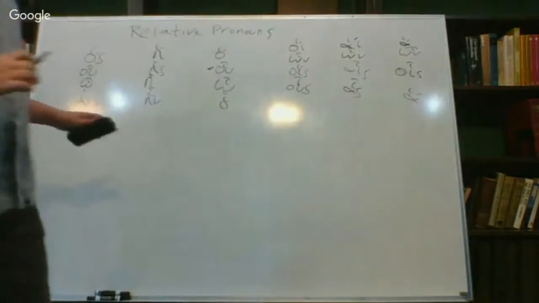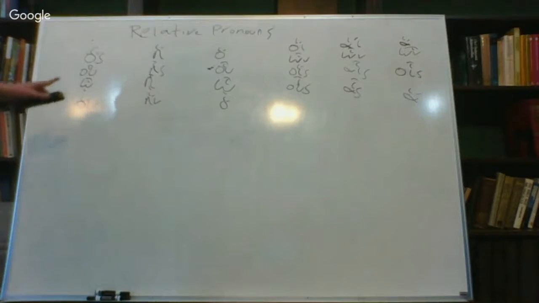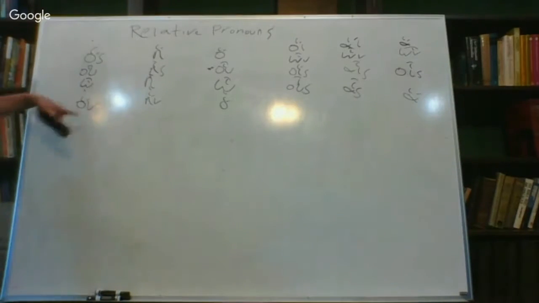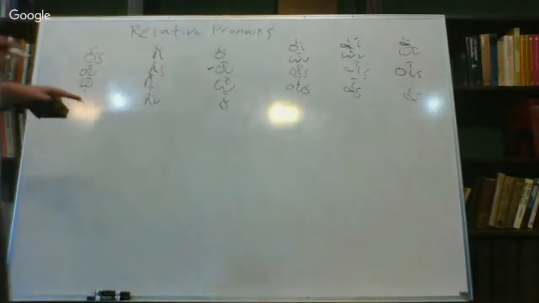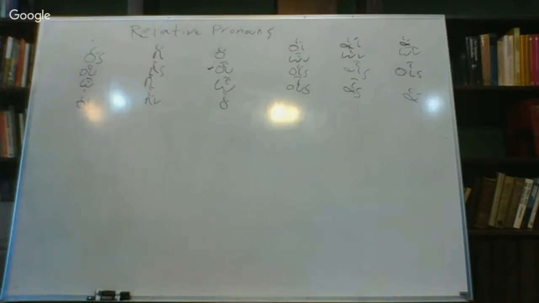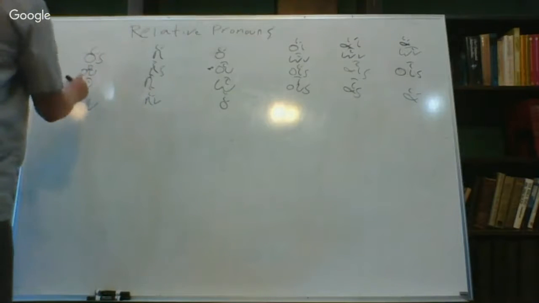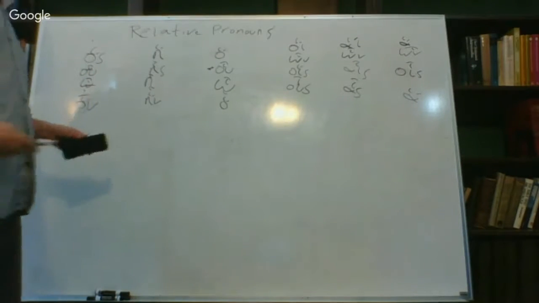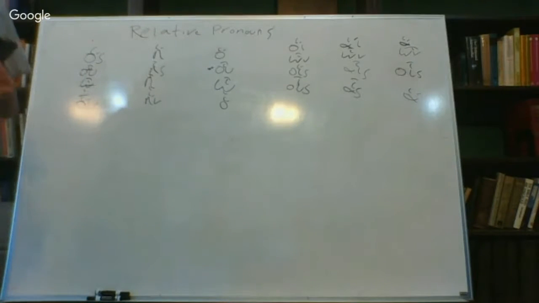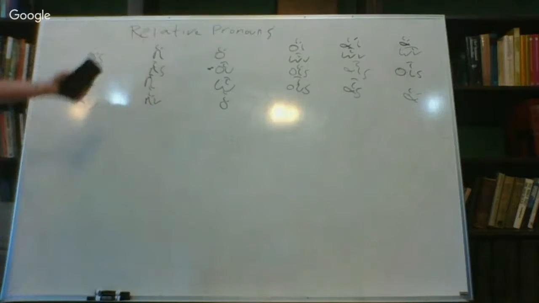This is going to be the relative pronoun. As you can see, it looks very similar to the article. There are a couple of variations. First things first, there is no tau on any of these. That's one way of identifying it. Second, every single one of these has a rough breathing mark. Every single one. But we see that this looks just like the article that we learned in week 1.